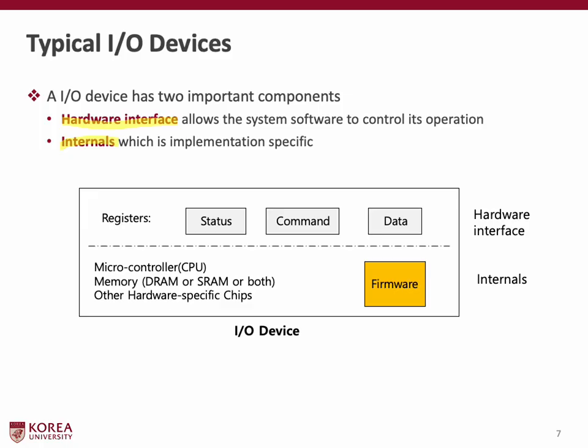This can include a small CPU, some memory like DRAM or SRAM, other hardware-specific chips, and firmware to control these components. These internals are different depending on the device, and the operating system talks to the device through this hardware interface. But it doesn't need to know the details of how the internals work.